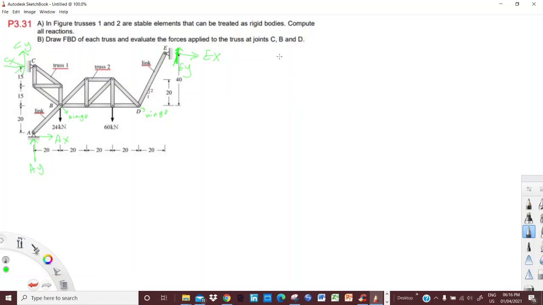So if I take truss 2, it is going to be like this. I will take the external force for truss 2.